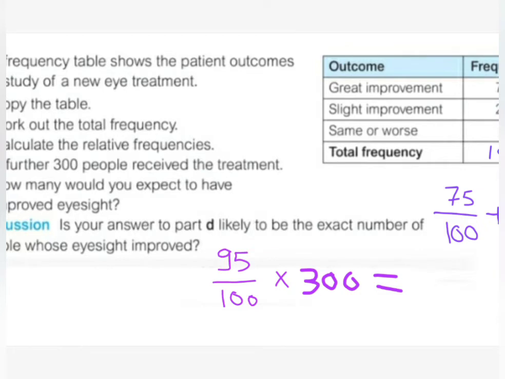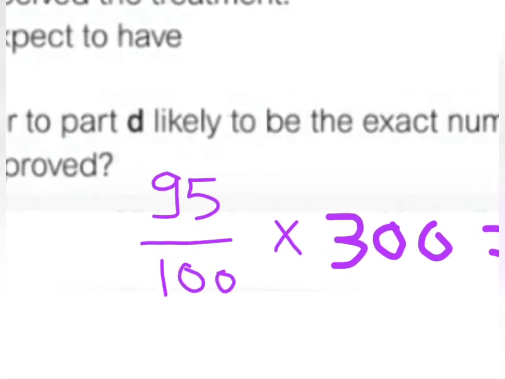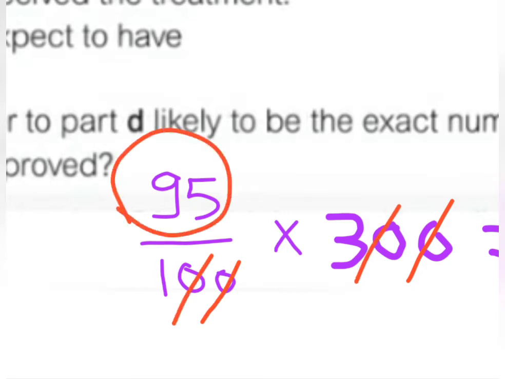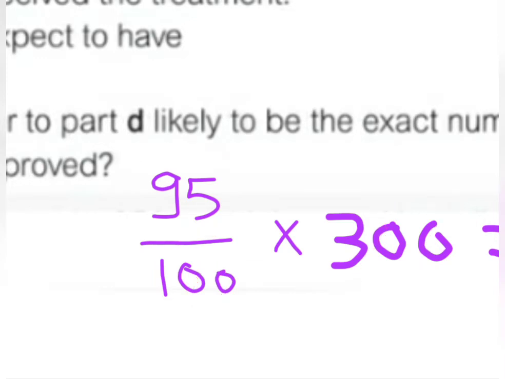Now, to find this, basically, you have to simplify the numbers together. 0 with a 0, 0 with a 0, and then you multiply the 95 by 3. Or you can do the whole thing in a calculator. Multiply 300 by 95 and then divide it by 100. Now let's do it with a calculator and then come back.